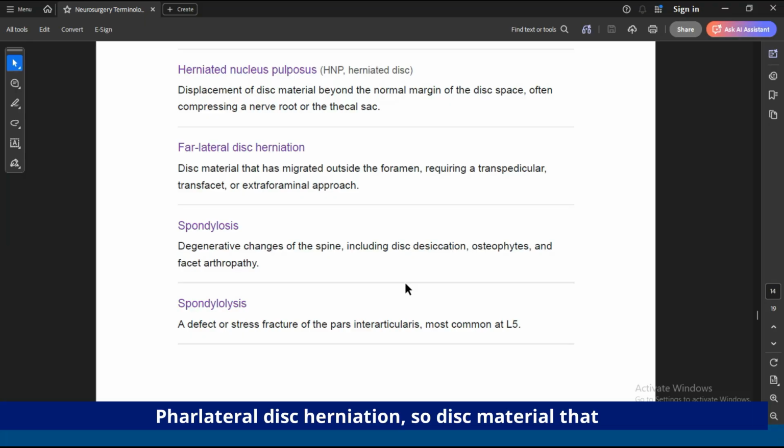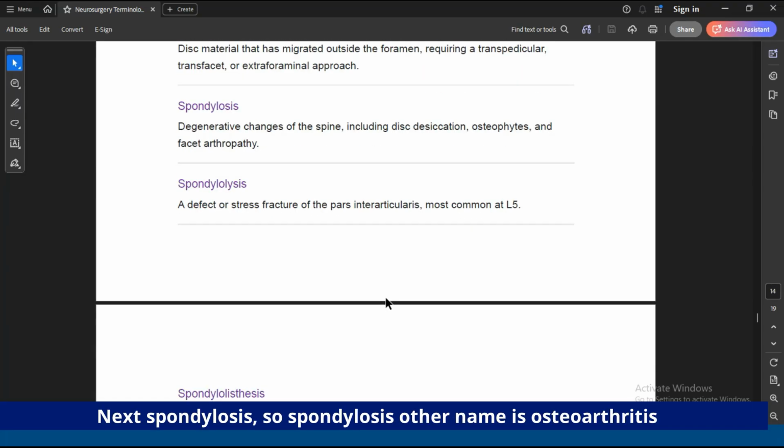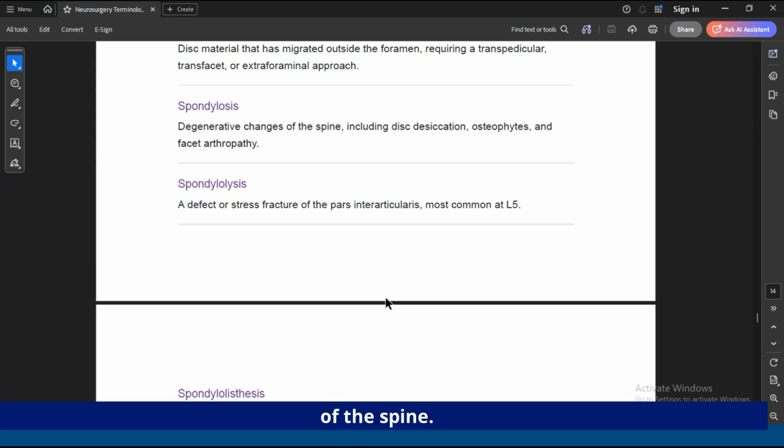Paralateral disc herniation. So disc material that has migrated outside the foramen, requiring a transpedicular, transfacet or extraforaminal approach. Next, spondylosis. So spondylosis, other name is osteoarthritis of the spine. So other than spine, we will call it osteoarthritis. In the spine, we will call it spondylosis.